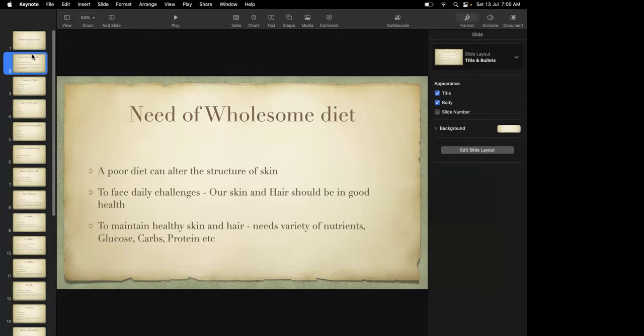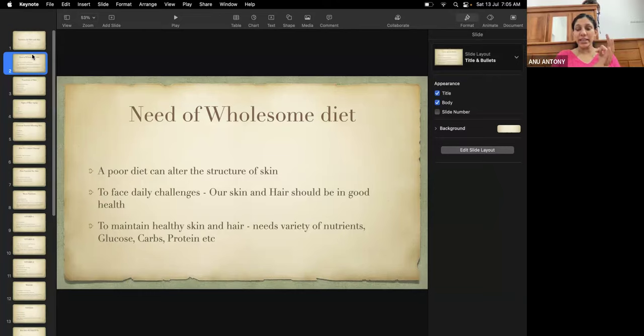To maintain healthy hair and skin, we need mainly a variety of nutrients like glucose, carbs, protein, micronutrients and minerals. This is something which we miss in our diet. So if I say it according to the body type, again, these will be missed. Rather than that, we'll cover everything together.